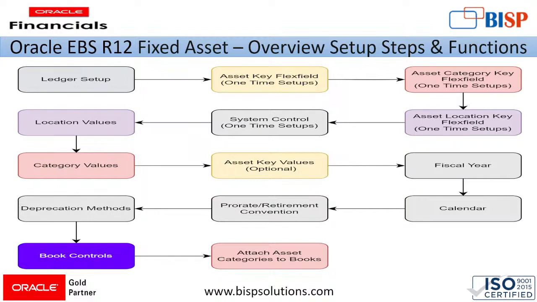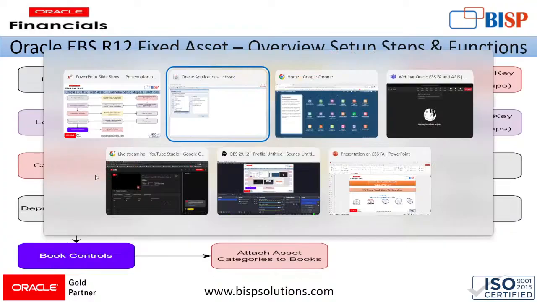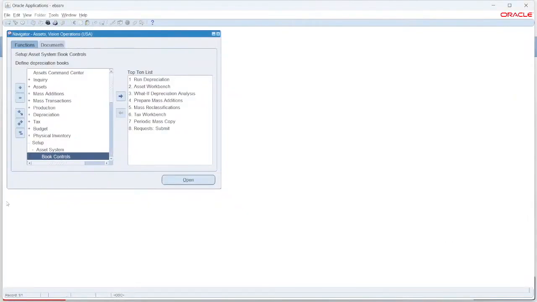Let us move to the application to see how the asset category is attached to the book. Let's take the navigation again. Setup, asset system.